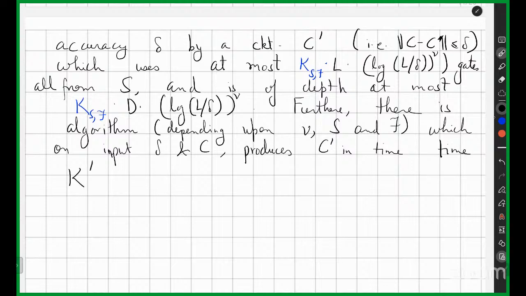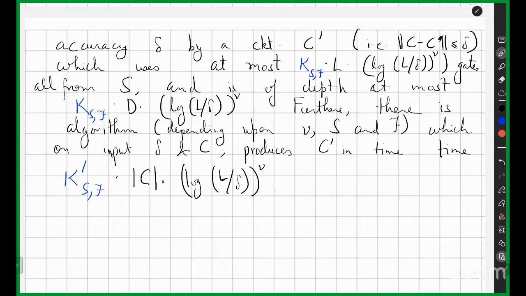But the point is that the constants depend only on S, F, and U, not on anything else.